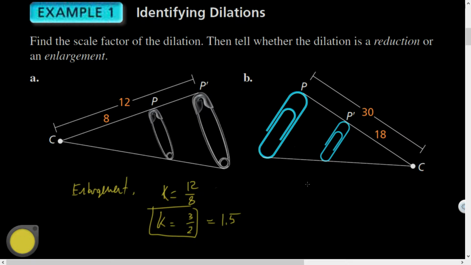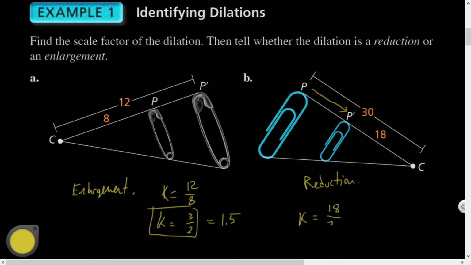And that's okay. Let's see, for B, there's the P to the P prime. Right? So it looks like P prime is smaller. So we would call that a reduction. Nothing too complicated here, friends. And let's see, the value of K is going to equal 18 to 30, right? Because it's the image over the pre-image.